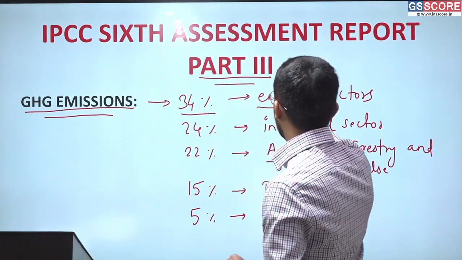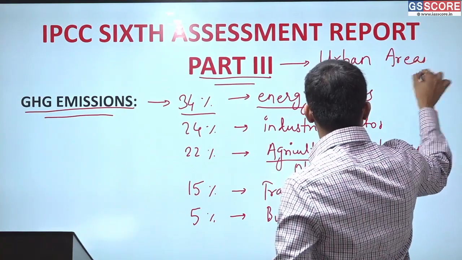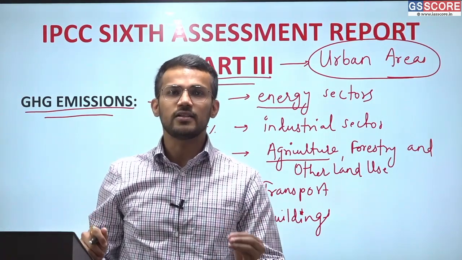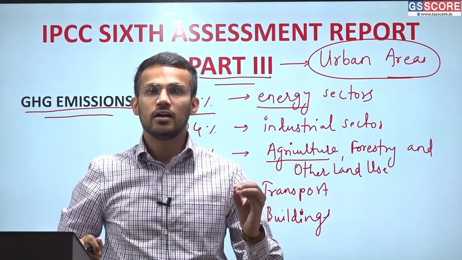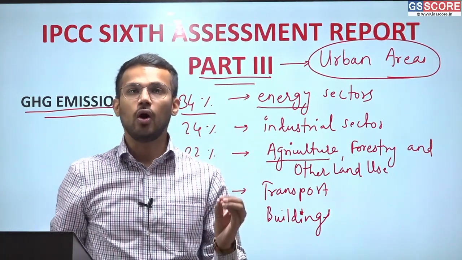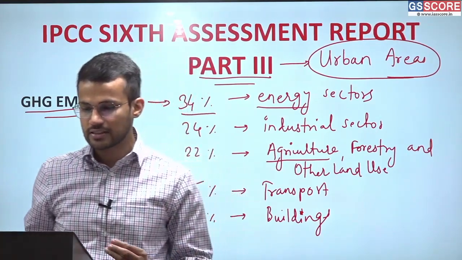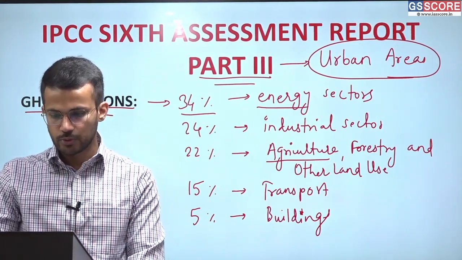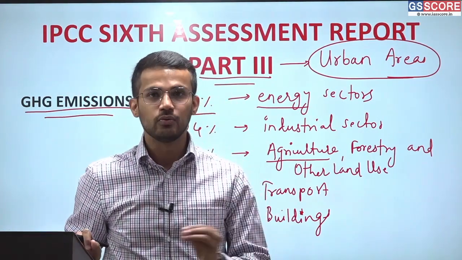And this report also highlights the role of urban areas in greenhouse gas emissions, because it is these urban areas which are driving increased emissions, especially from developed countries. And this report says that the 10% of the households which contribute the highest to the greenhouse gas emissions are contributing almost 34 to 45% of the emissions annually, right?